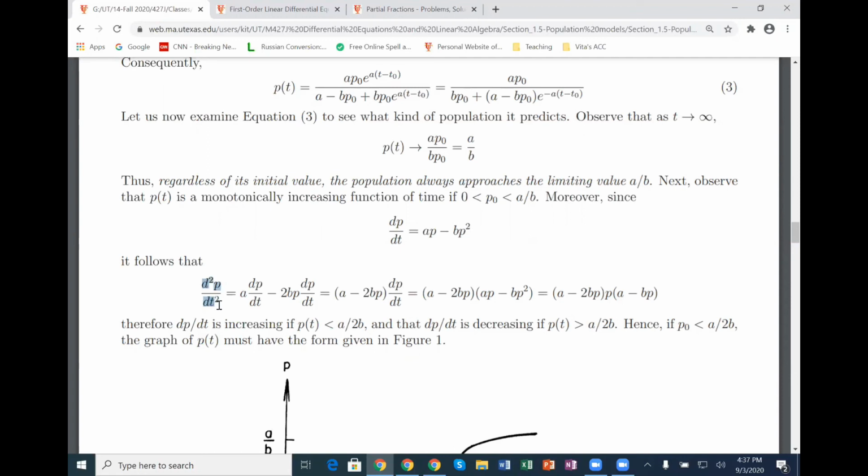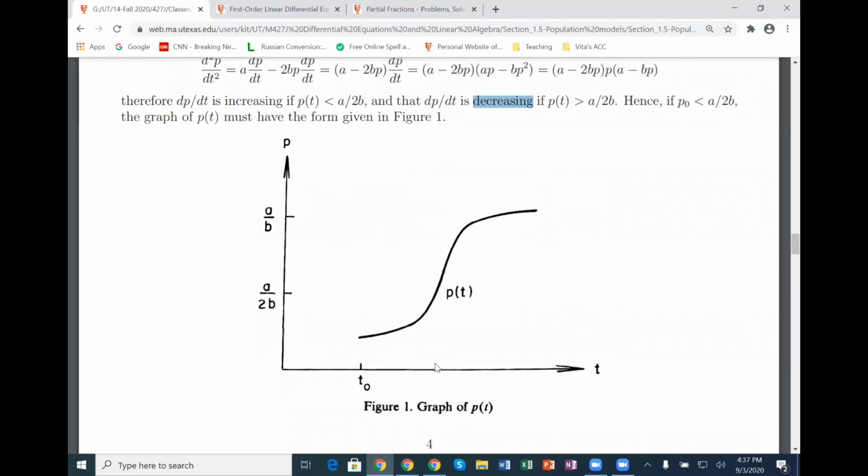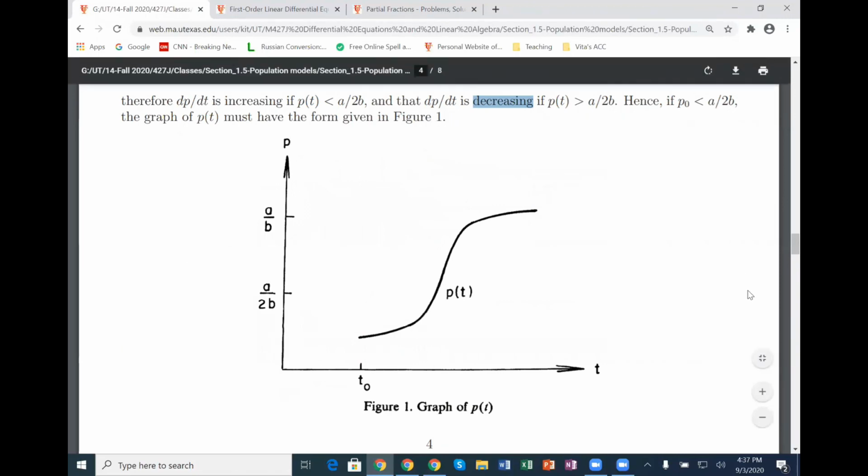But the second derivative is positive means the first derivative is increasing. Similarly, this expression is negative if P is greater than A over 2B. The second derivative is negative means the first derivative is decreasing. Now we come up with the following graph.